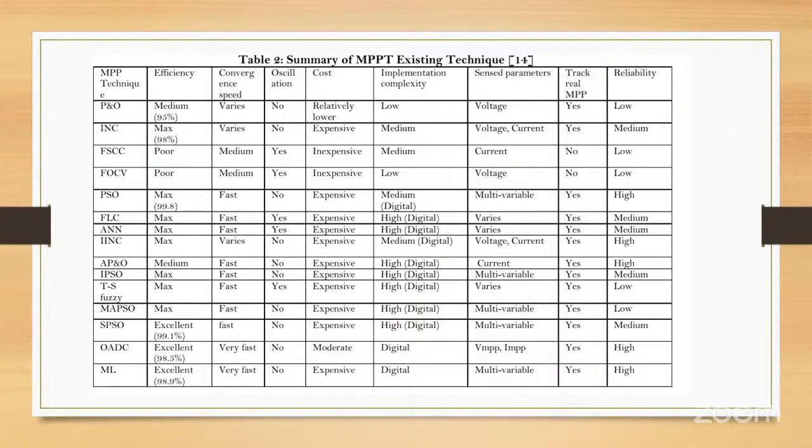Oscillations are there, it is expensive, and reliability is medium. The same goes for artificial neural networks. So similarly, all these techniques, fuzzy logic, and ML, are different types of MPPT techniques which we are adopting.